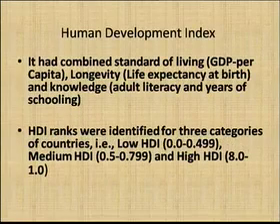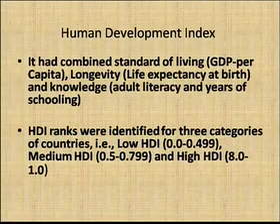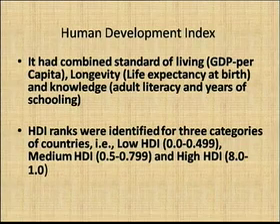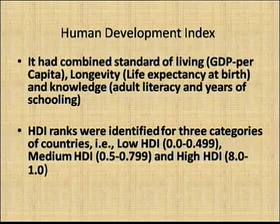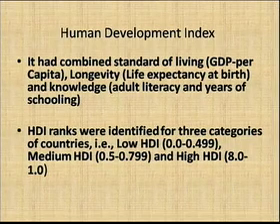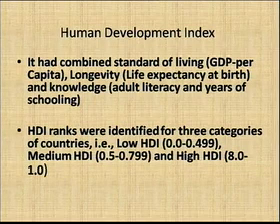The low human development ones are those countries which have an HDI of less than 0.5, from 0 to 0.499. The medium countries have from 0.5 to 0.799. And the high human development countries are those having an HDI of 0.8 to 1. So these are the characteristics of HDI.